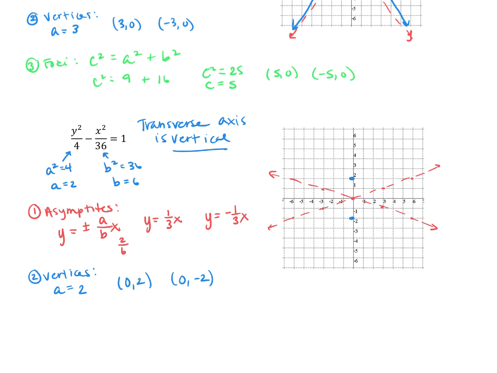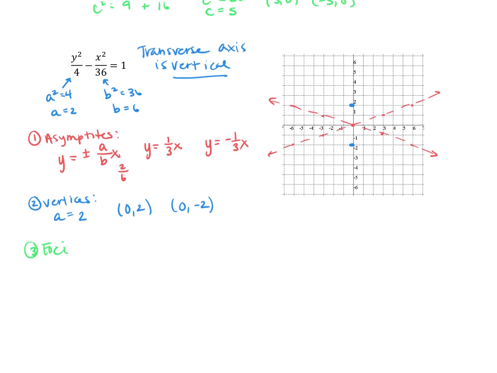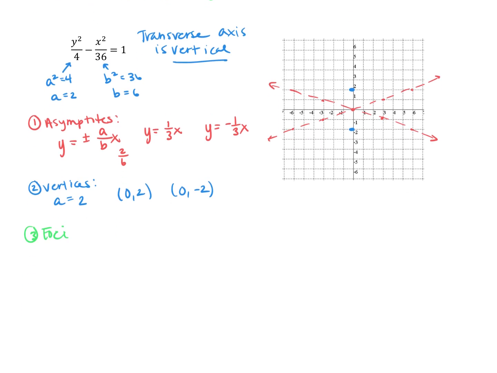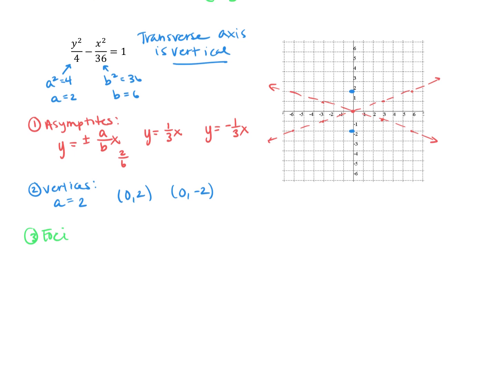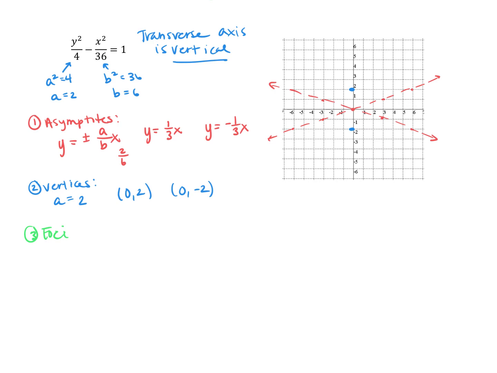After the vertices, we find our foci. Foci uses our c value, which we don't know, so we can use that Pythagorean relation. c squared equals a squared plus b squared.